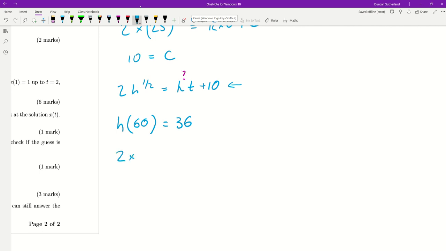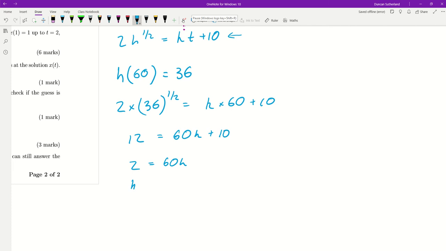So 2 times 36 to the half equals k times 60 days plus 10. So square root of 36 is 6. 6 times 2 is 12. 12 equals 60k plus 10. So 2 equals 60k. k equals 1 over 30. All right, so I just had to subtract 10 from both sides of that equation and then divide to get my final expression.